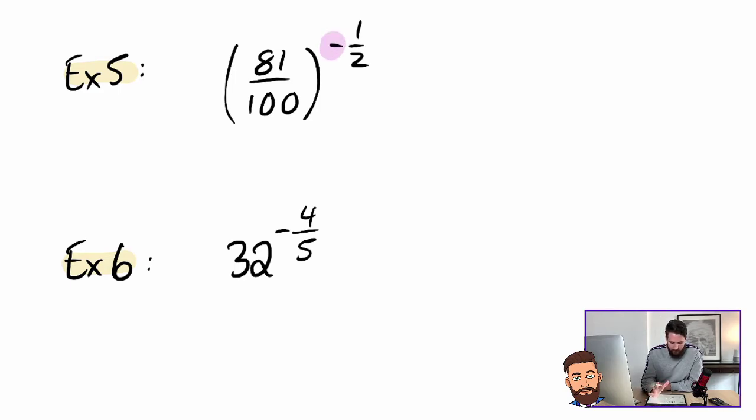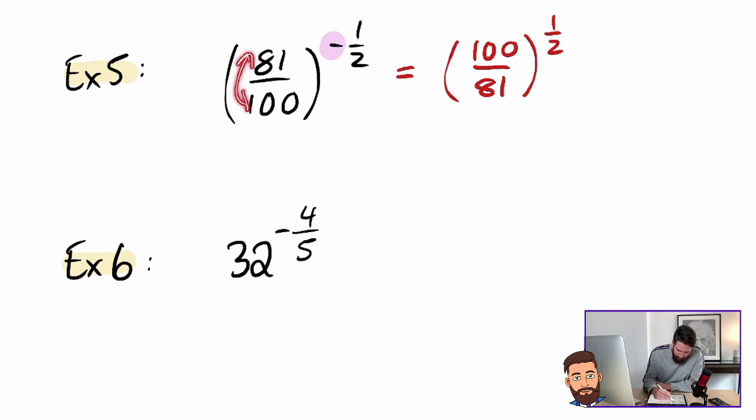This minus states to us that we need to do the reciprocal, which means we need to flip this fraction. So the first thing we're going to do is just flip the fraction. So we're just going to write 100 over 81 to the power 1/2. Because we've flipped it, done the reciprocal, we can get rid of the minus power.